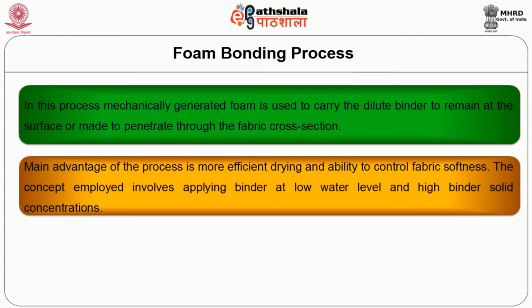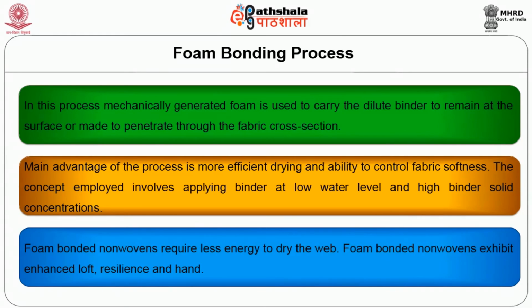The concept employed involves applying binder at low water level and high binder solid concentration. Foam bonded non-woven requires less energy to dry the web. Foam bonded non-wovens exhibit enhanced loft, resiliency and hand.